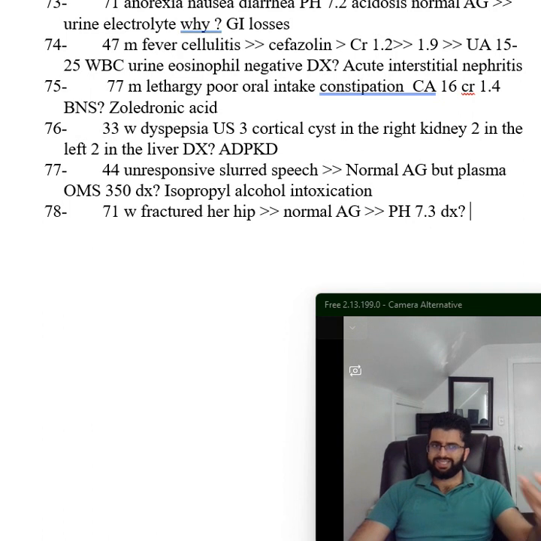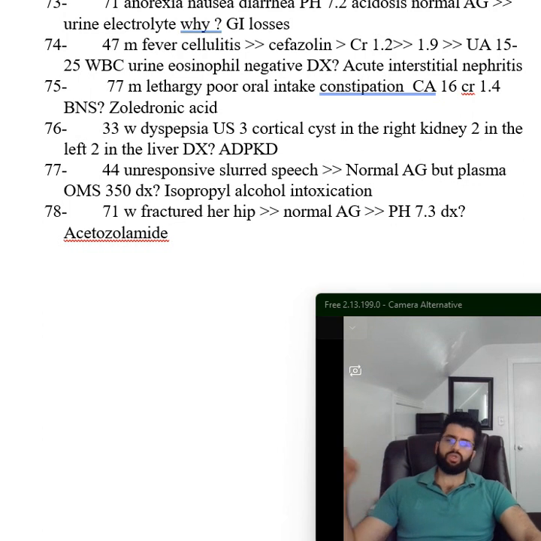What are the things that cause normal anion gap metabolic acidosis? What drugs? And they give you a list of drugs. In this case, it is acetazolamide. This is just a memory question. You just gotta remember the drugs that cause non-anion gap metabolic acidosis. Acetazolamide.